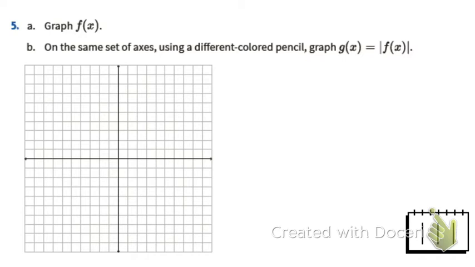And if you're stuck or confused, you're looking at the input and the output of each of those data points. So -4 went to -4, -3 went to -3, -2 to -2, -1 to -1, 0 to 0, and so on. Give you a chance to graph f of x.